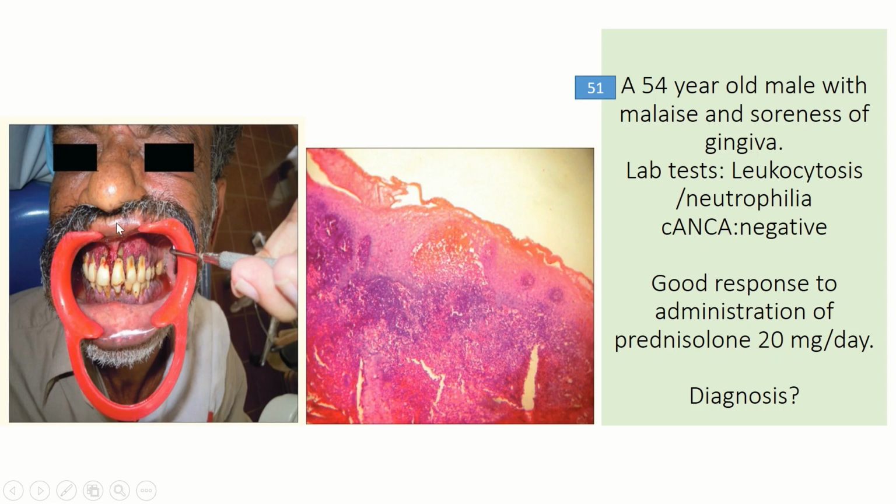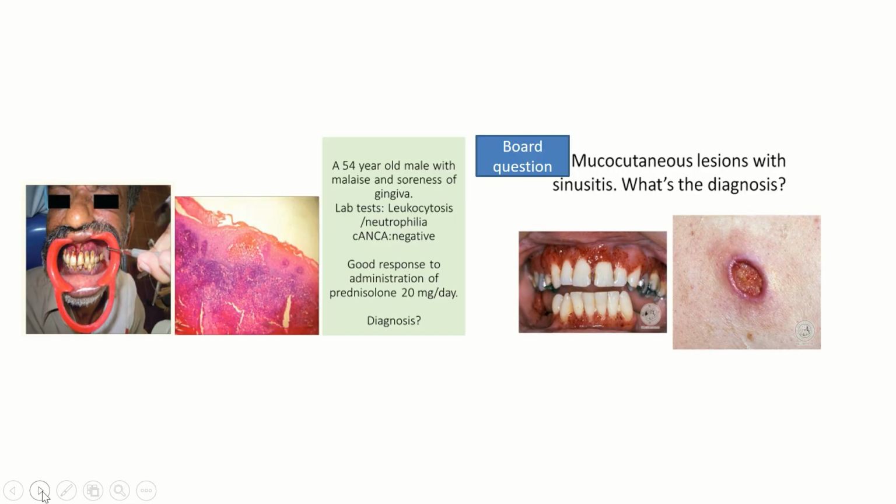The presence of this strawberry tongue, leukocytosis, neutrophilia, and good response to administration of prednisolone all are indicative of Wegener. And here you see another question on Wegener. Mucocutaneous lesion with sinusitis is a good clue in the history.